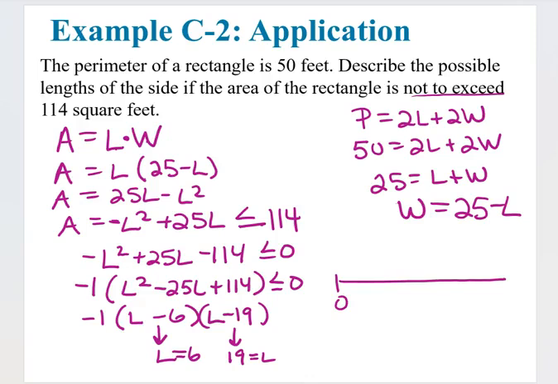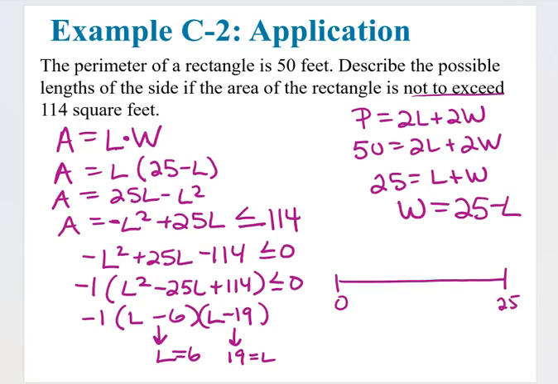So we would probably end this at 25, because 25 by 25 would not even be a rectangle at that point, right? It would be two sides, but we wouldn't have any room for the other two sides. So I know that this is going to end at 25. So I could have a rectangle that's 24 by 1, and that would work. But I couldn't have it 25 by 0, because that wouldn't be a rectangle. So I know that my number line is going to be very shortened.